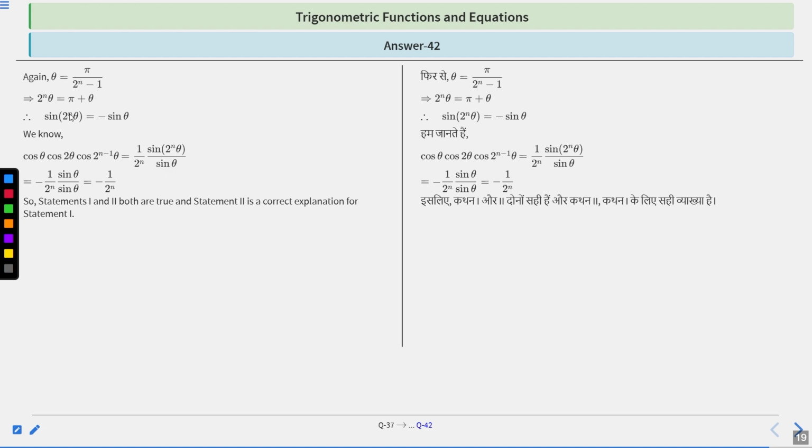Since sin 2 to the power n theta is equal to minus sin theta, sin theta and sin theta will cancel out, and you will get the answer minus 1 by 2 to the power n. So the final answer is that statements 1 and 2 are both true, and statement 2 is the correct explanation of statement 1, right? Clear?